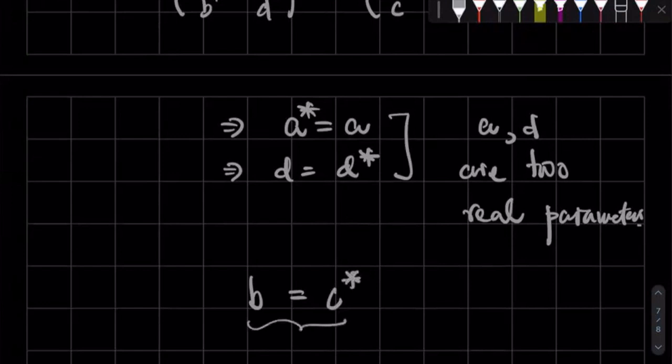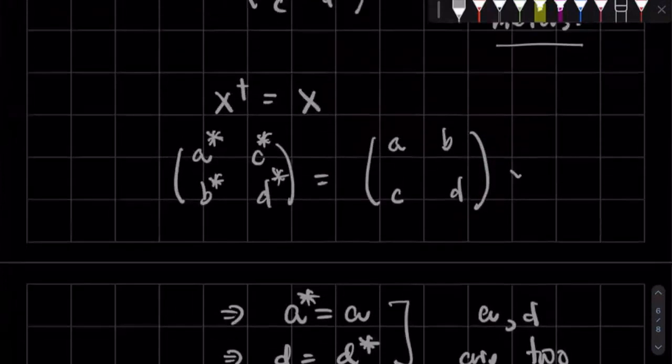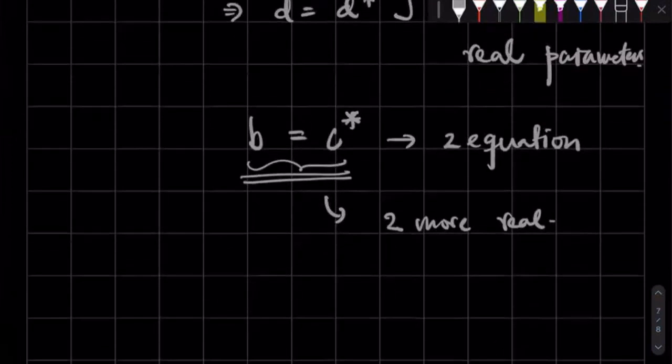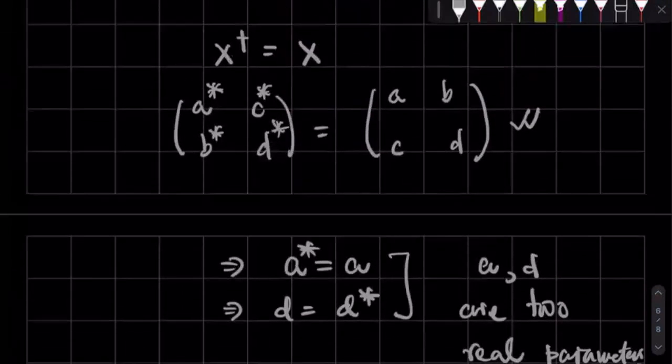Here there are two equations, taking the real and the imaginary part. So of the 4 parameters here, we have 2 left. So this equation cuts down 2 more real parameters. So the number of parameters so far is 4. But then we have to take into account that it's traceless.